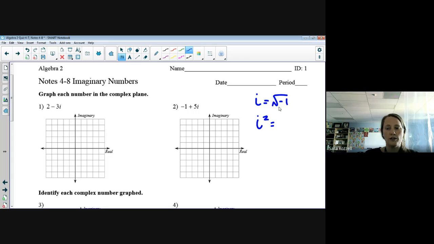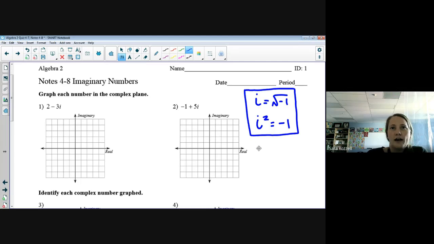So if I were to square this, I just get -1, what was left on the inside. So anytime that we see the square root of -1, we know that means I, and vice versa. And anytime we see I squared, we know we can represent that as -1. Okay, so those are two important things for you to know when we're talking about imaginary numbers.